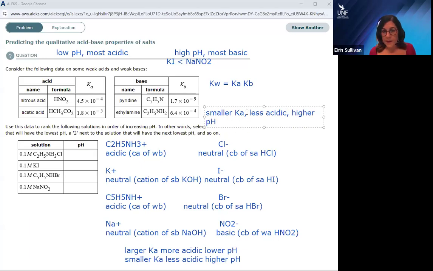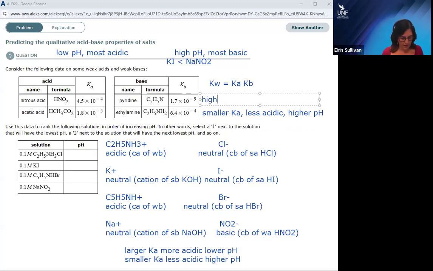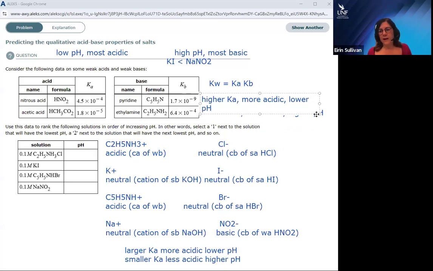Okay, and then the Ka value for the C5H5NH plus is going to be bigger because the Kb value for pyridine is smaller. So that's going to have a higher Ka. More acidic, lower pH. So if you absolutely have to see the numbers on this, you can, okay?